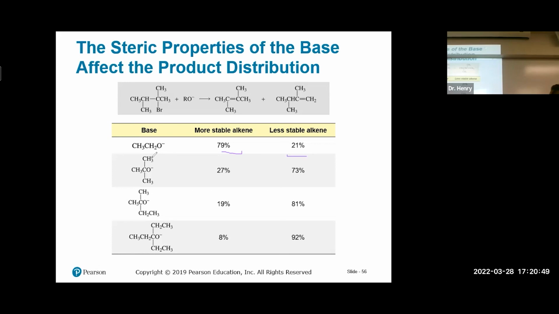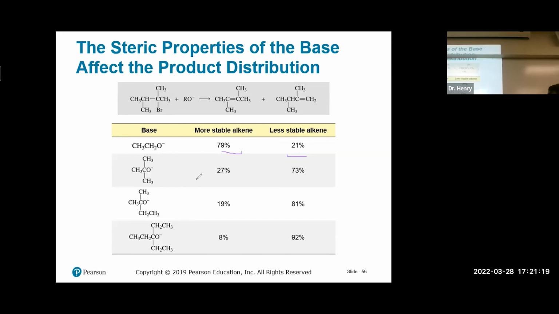As the base gets much bulkier, so now we have a tert-butoxide, then we're going to have the less stable alkene being favored, because it's not able to get into the more favorable position.